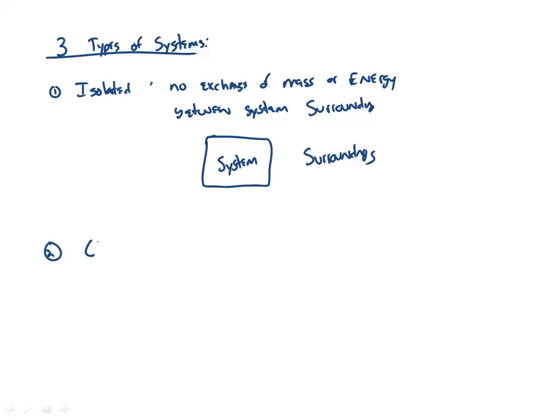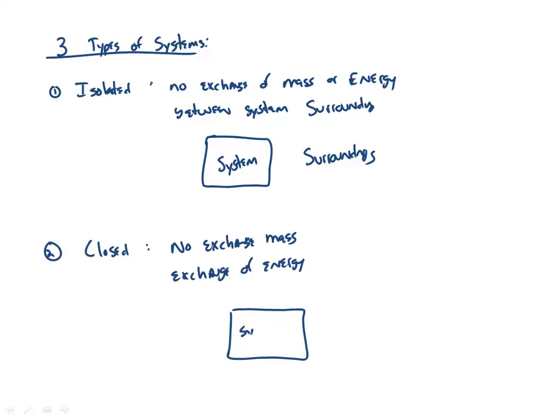We're going to have a closed system, in which case there's no exchange of mass, but there is an exchange of energy. So for instance, that means that our box looks like this, and into and out of the box we'd allow energy. You can think about this basically as a sealed beaker, meaning that energy is allowed to move in and out of the beaker.